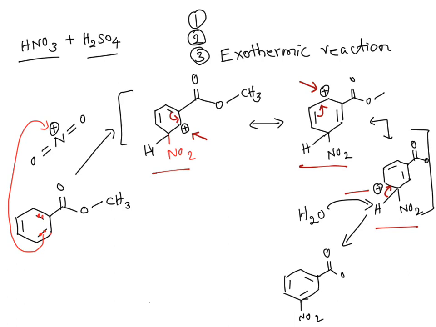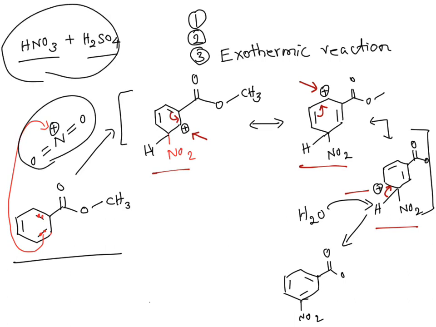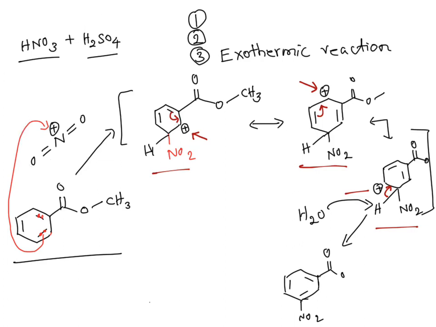And the last question, number 4 on the back of the lab manual: why do you add the nitric acid and sulfuric acid to the methyl benzoate slowly? It is another exothermic reaction. Adding these two, which is this, too fast will create a large exothermic reaction.